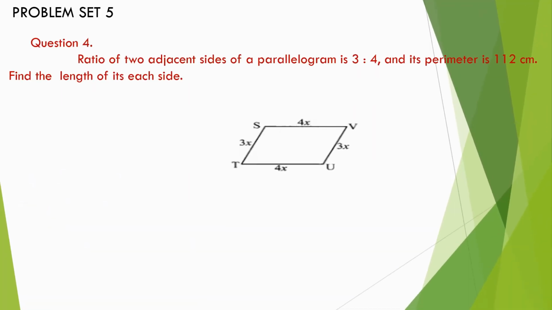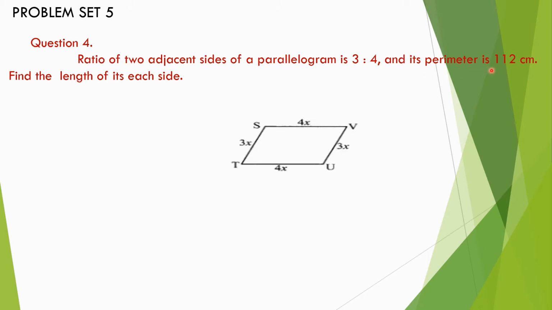Question number 4. The ratio of two adjacent sides of a parallelogram is 3:4 and its perimeter is 112 centimeter. Find the length of each side. In this question, the ratio of two adjacent sides is given, that is 3:4, and the perimeter is also given, that is 112.